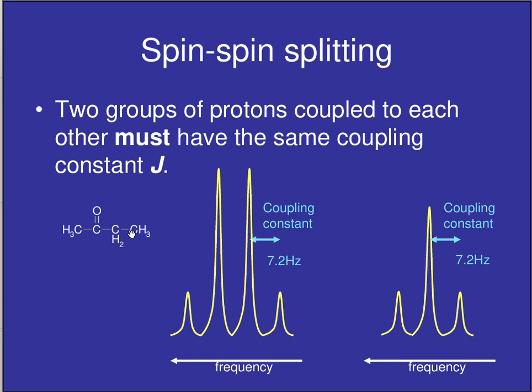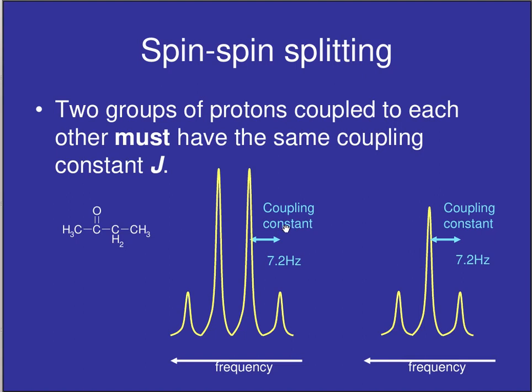Please note, of course, that in a compound such as this one, this signal appears as a quartet because it's next to the CH3, and this one appears as a triplet because it's next to the CH2. The difference in frequency between the different peaks in the signal is the same. So this distance here of 7.2 Hertz will match for both signals.